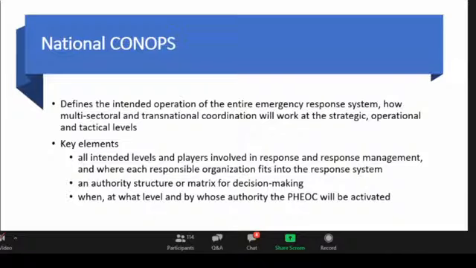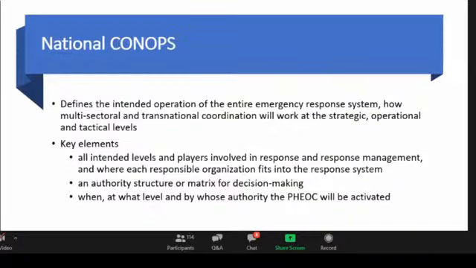It should provide a brief description of the authority structure or the metrics for decision making, and also describe at what level, by whose authority, the PHEOC will be activated, or the other national EOC will be activated, depending on the hazards or the nature of the emergency.